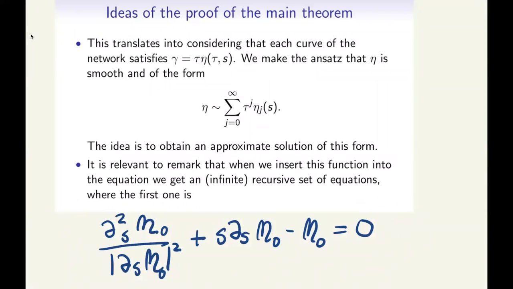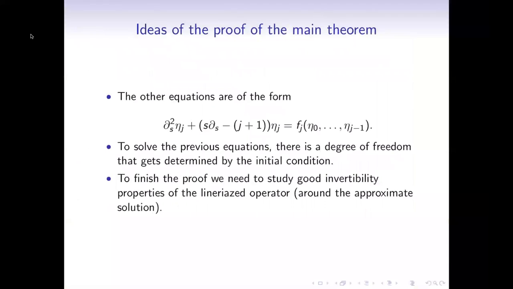We choose one of these self-similar solutions, and then all the other A_js are going to satisfy recursive equations that depend on the previous one. So when I choose a self-similar solution, I can construct a full approximation, and then we linearize around our approximator and show estimates for that linearized operator, and then by a fixed point method you can find an actual solution.